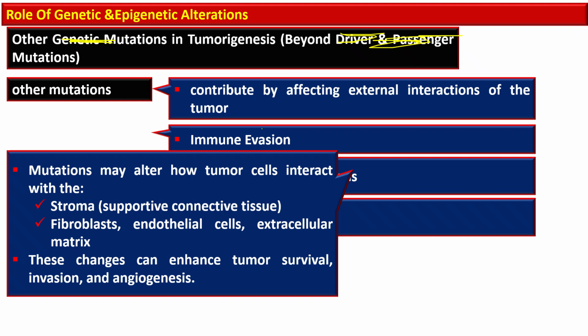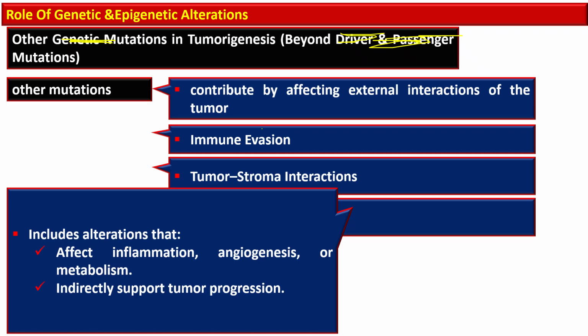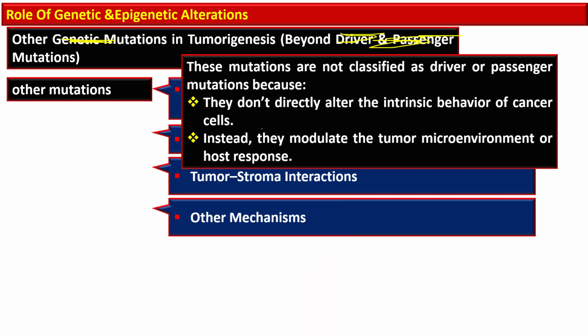These changes can enhance tumor survival, invasion and angiogenesis. Other mechanisms include alterations that affect the inflammation, angiogenesis or metabolism of the environment, indirectly supporting tumor progression.